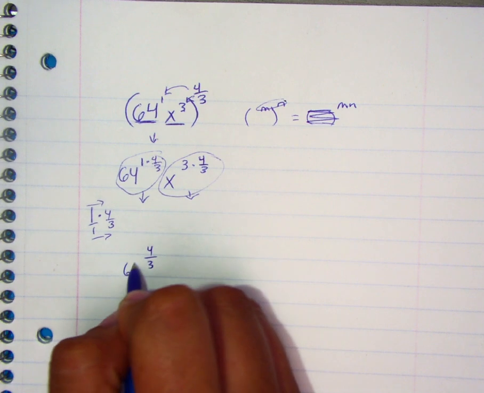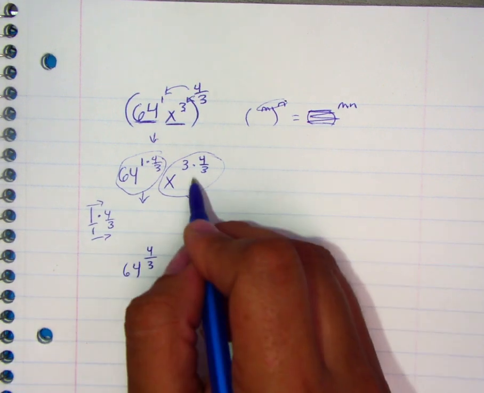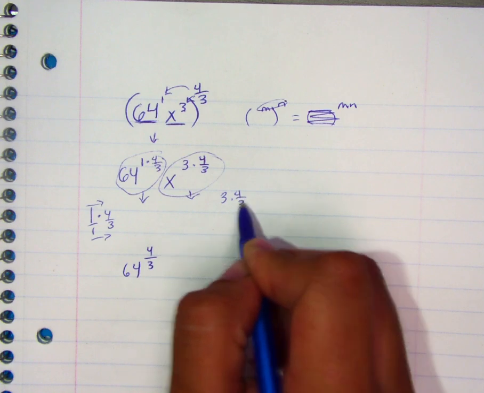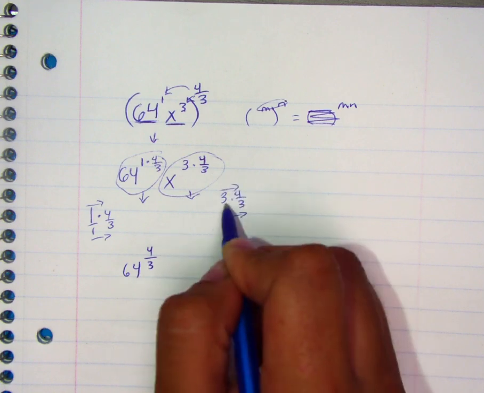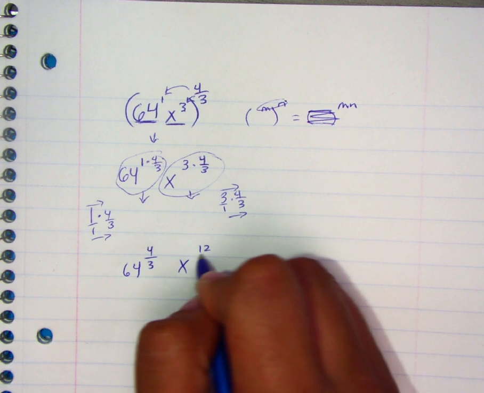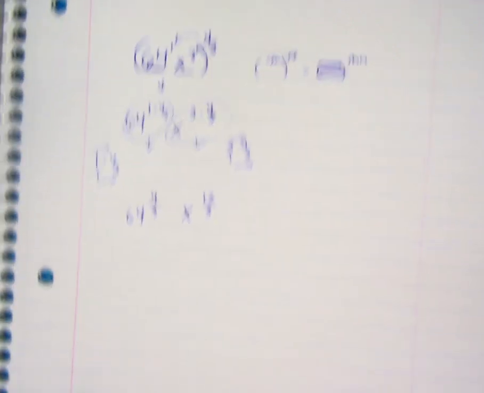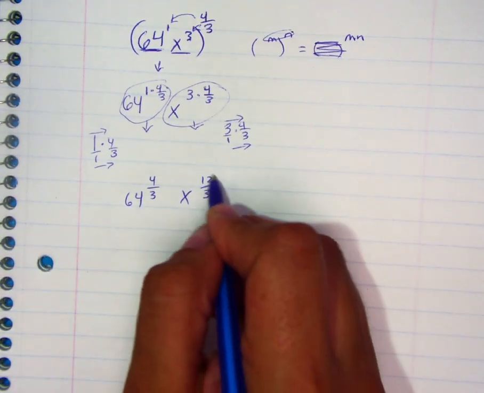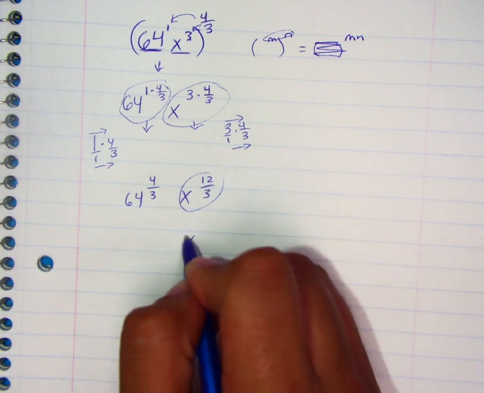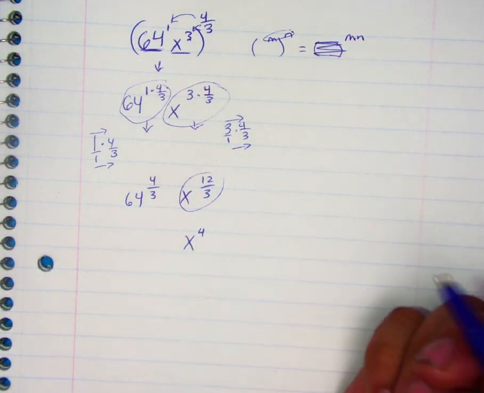So that didn't change. On this one, we are also going to multiply 3 times 4 over 3. Again, that's straight across, and this will become 12 over 3. Then we simplify. This part simplifies to 12 divided by 3, which is 4. So this simplifies to x to the 4th power.